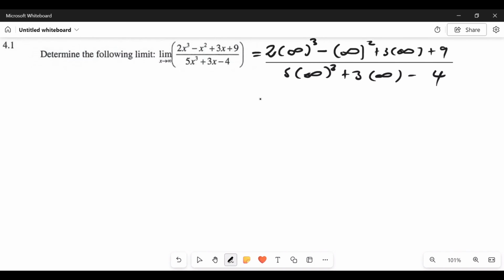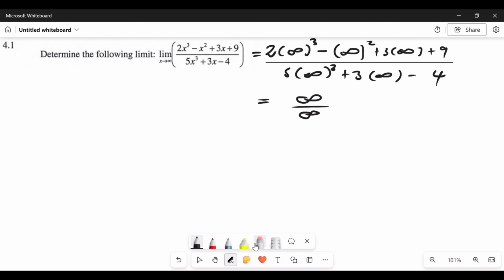With this method we're going to get infinity over infinity, because anything multiplied by infinity, anything plus infinity, anything subtracted by infinity is infinity. So we don't get a limit when we use the first method, direct substitution.